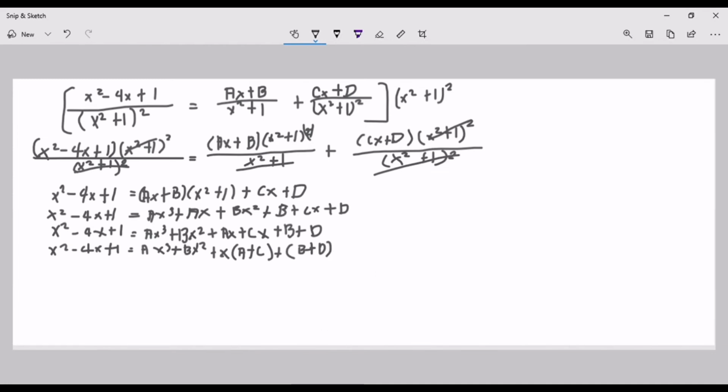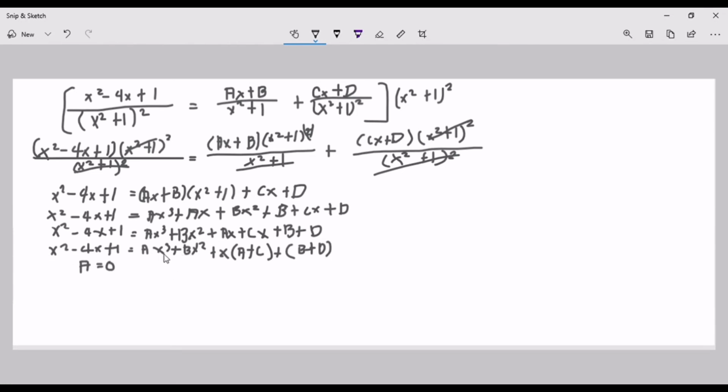Now, as you can see, on the left side of the equation we have a quadratic expression. However, on the right side, we have a cubic expression. That means the coefficient of the cubic term on the right side would equate to 0, so a equals 0.